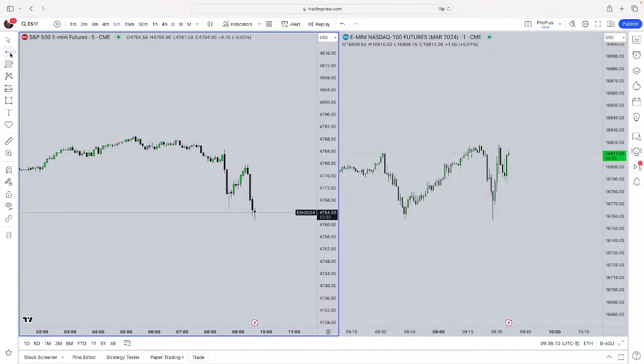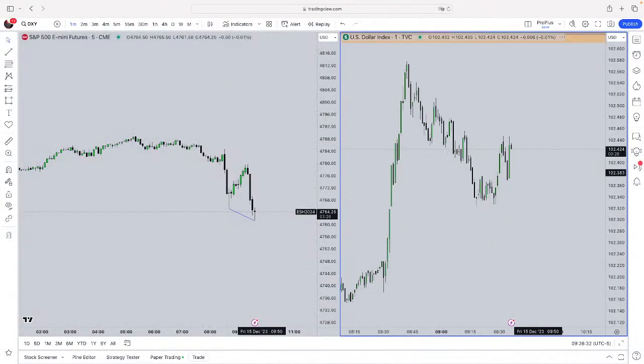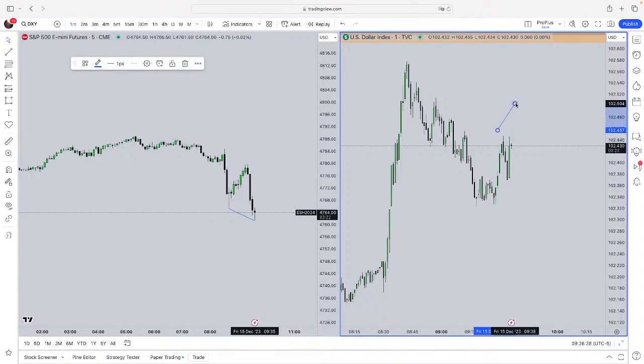So you don't want to get in anything like this at the minute. But again, I need to get better at S&P. It made a lower low here, and I made a higher low here. Is that SMT divergence? I don't really trade that, or really understand it. That's why I don't really use it, but let me know if that is SMT divergence. And then we take a look at DXY. DXY has made a higher low here. Is that it? Or is it DXY has made a lower high?